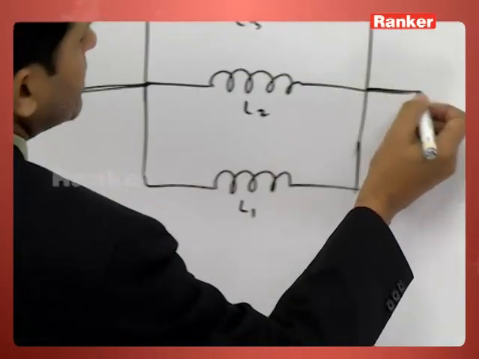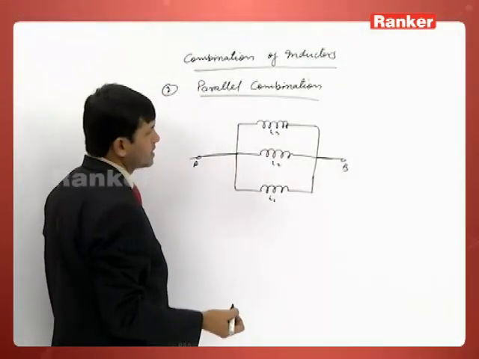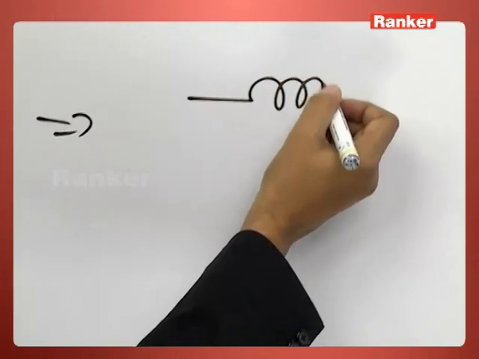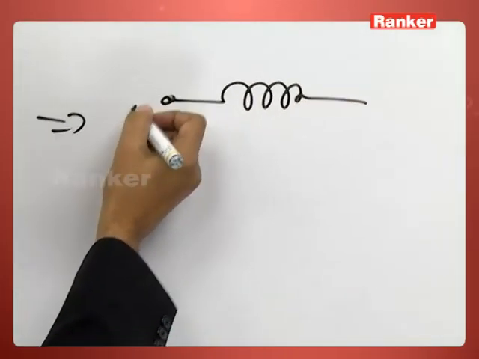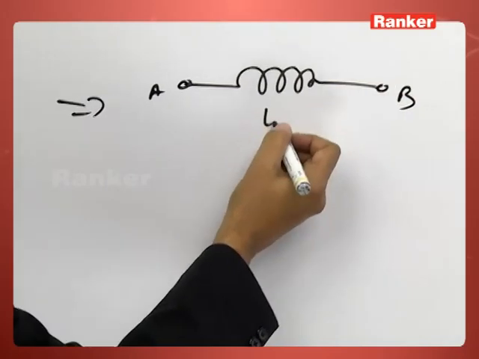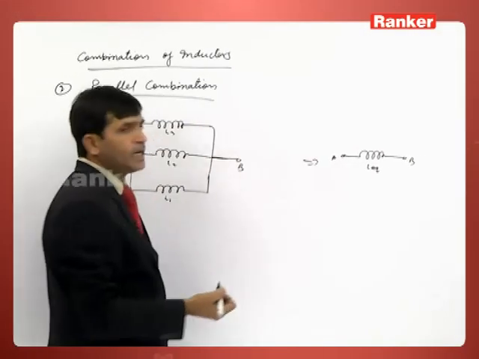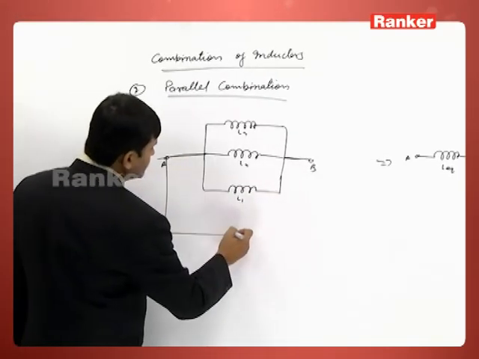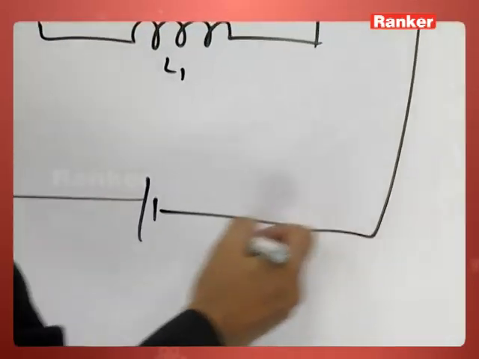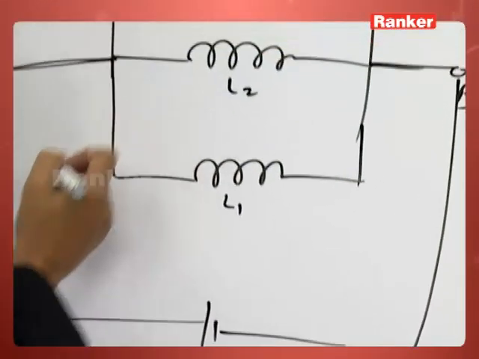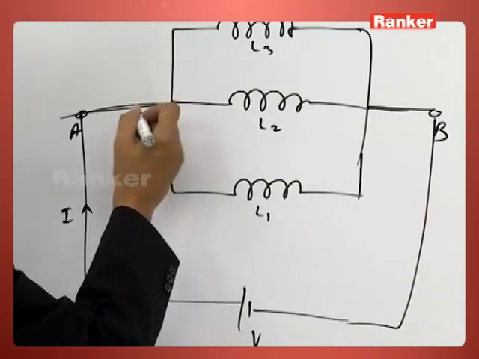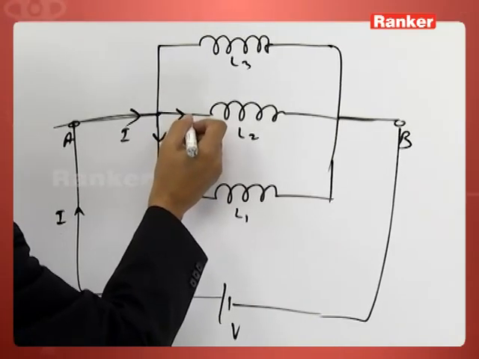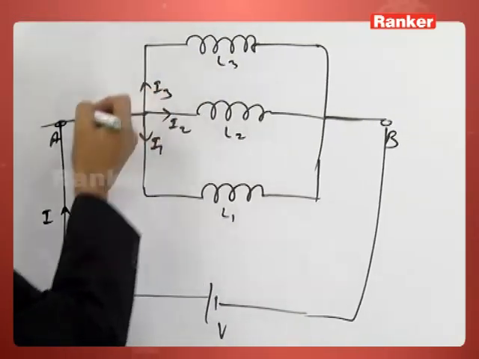Let these be the points A and B. We want to replace all three with a single one like this, between A and B, and the value of this we can call L equivalent. Now if I connect a source of EMF V, let I be the current here, and that current I is distributed: here I1, here I2, here I3.